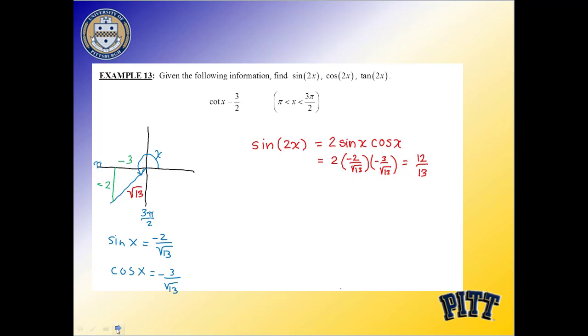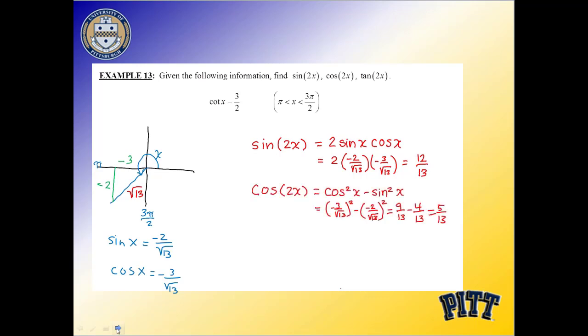Sometimes students substitute these incorrectly and end up doing more work than necessary, or, in cases where exact solutions are required or no calculator should be used, they want to start using a calculator because of what they set up. So as I work this out, I would get 12 over 13 when I multiply that all through. So that would be the sine of 2x.